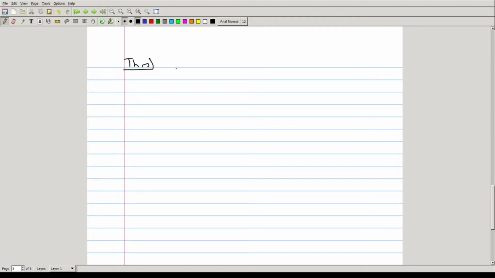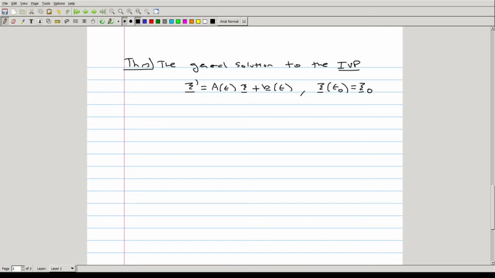And the first big theorem we want to state is that the general solution to the initial value problem xi prime is equal to A of t times xi plus b of t, with some initial value xi naught, where the initial time t naught is in the interval I and xi naught is some constant.